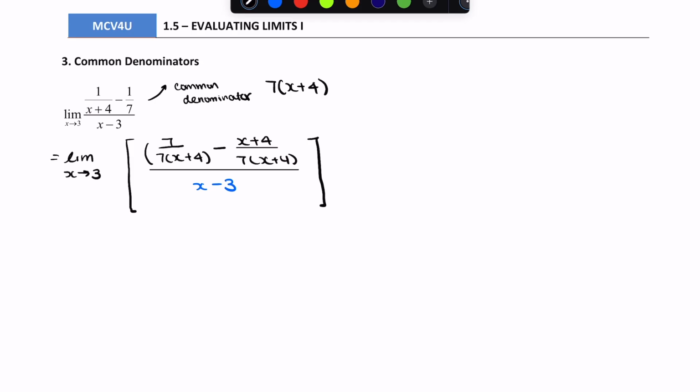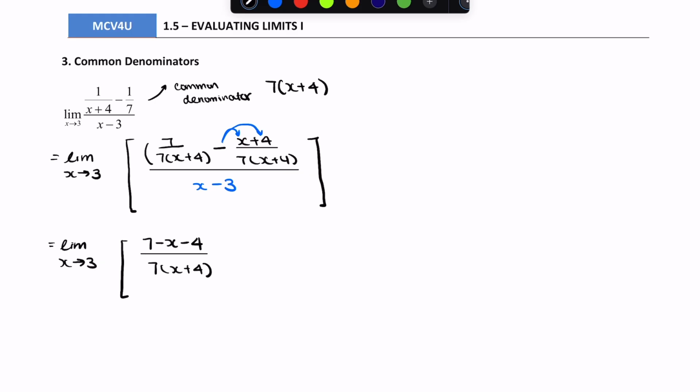So here, what we want to do is multiply this negative into these components and then rewrite our equation. So here we have the limit as x approaches 3. Now we have 7 minus x minus 4 over 7 bracket x plus 4.